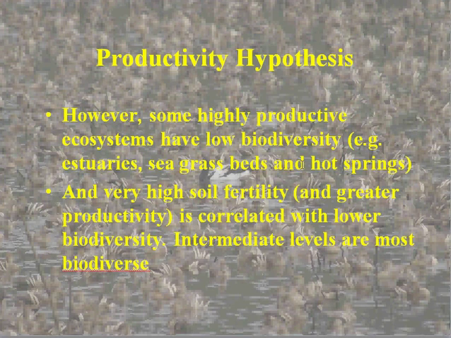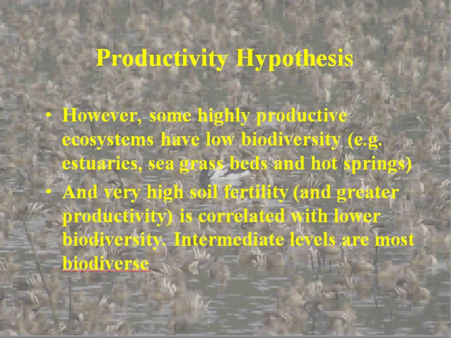Another area where this productivity hypothesis falls down is in areas where there is very high soil fertility. Okay, when there is high soil fertility and greater primary production, there actually tends to be lower biodiversity.